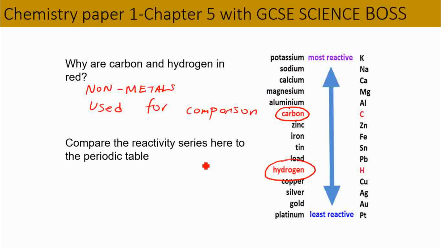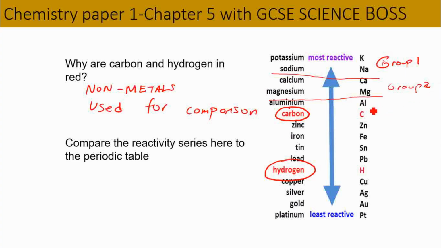Now in terms of the reactivity series, you'll notice that the most reactive metals at the top are in group 1. They're most reactive because they only have to lose 1 electron. Then if you go down here, it's going to be group 2, because they only have to lose 2 electrons.